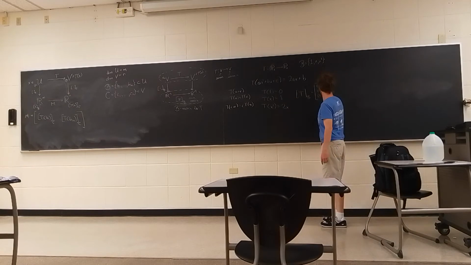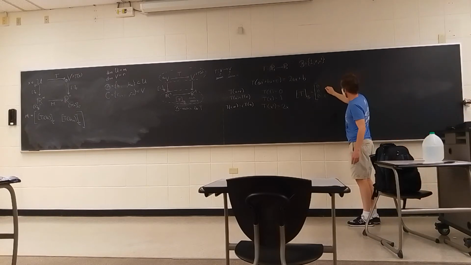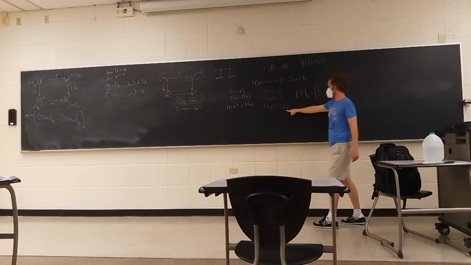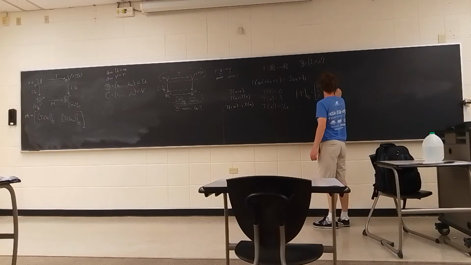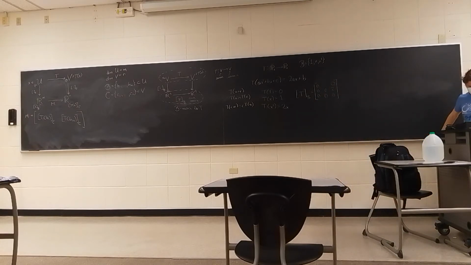What is 1? 0, 1, 0. And 2x under this basis is 0, 2, 0. And there is our matrix. Okay, so this is an example of what we're doing.